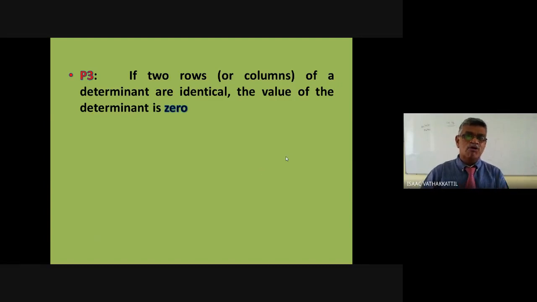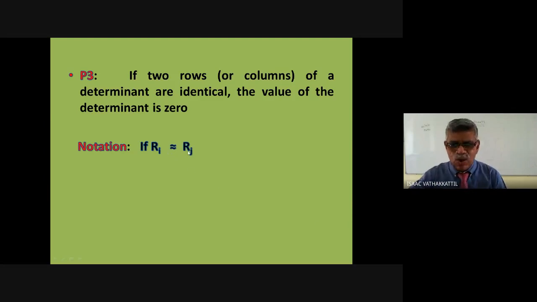Or if you have two columns identical in a determinant, the value of the determinant is obviously 0. Okay? Notation: I can say Ri is congruent to Rj, instead of writing equal. You can write equal also, I don't mind.